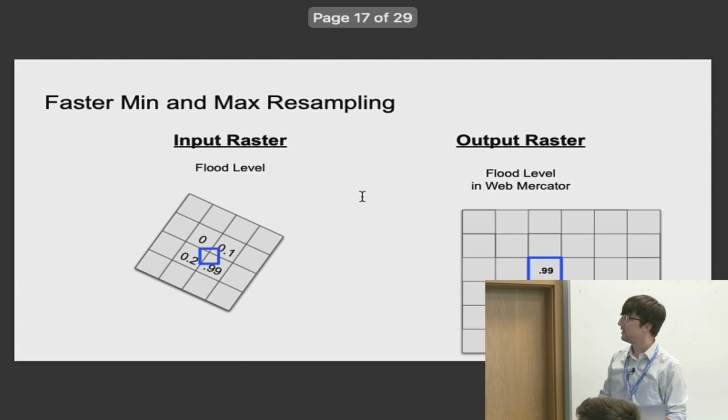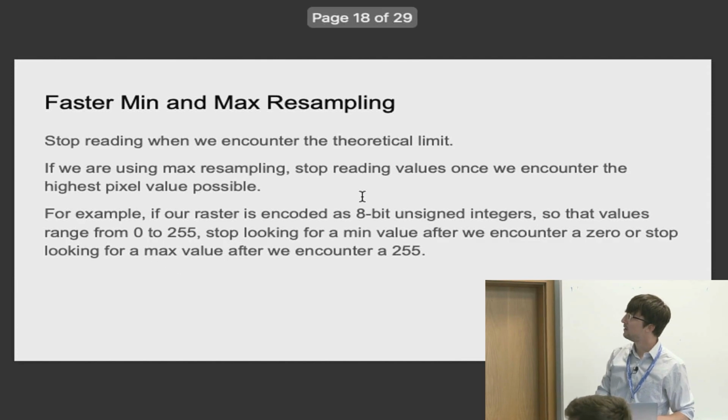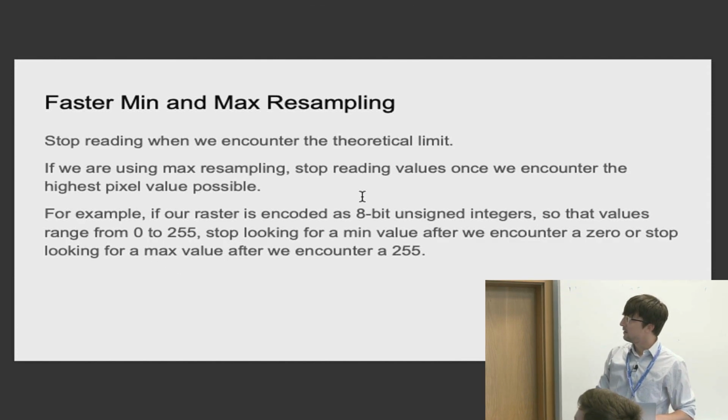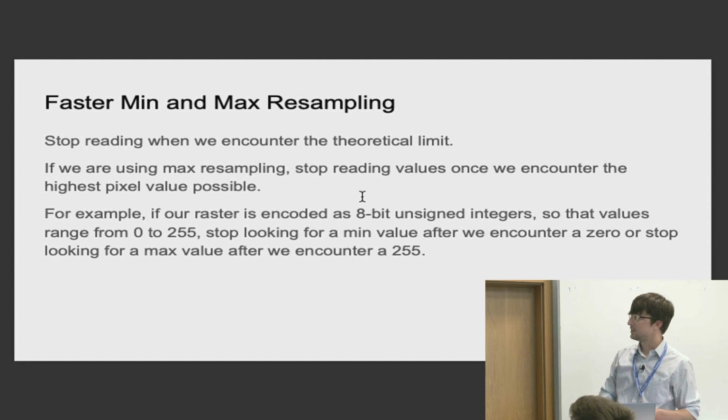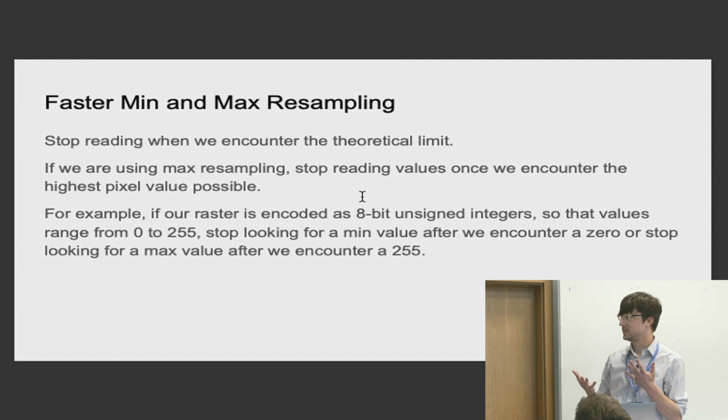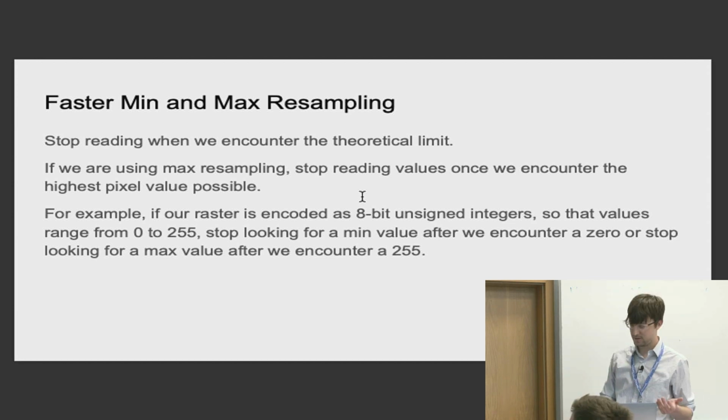So we just apply that principle. In the case of 8-bit unsigned integers, 0 to 255, which a lot of JPEGs and PNGs will be like, another raster thing for visualization, we can just stop calculating the min or max once we hit that 0 or 255.